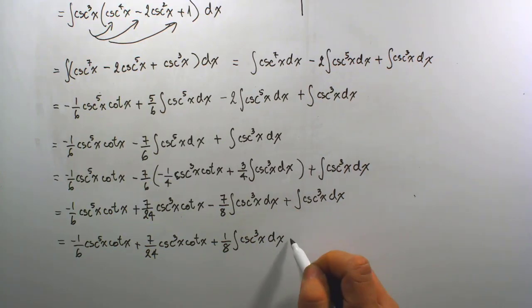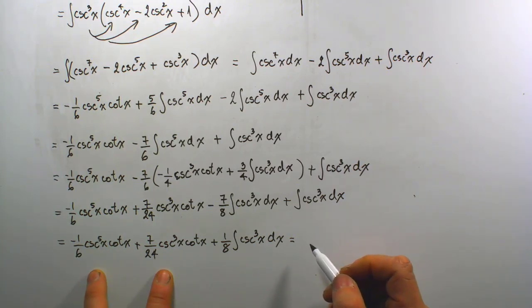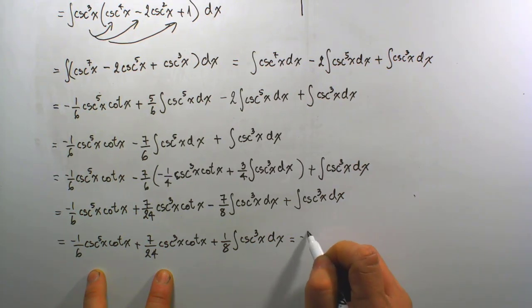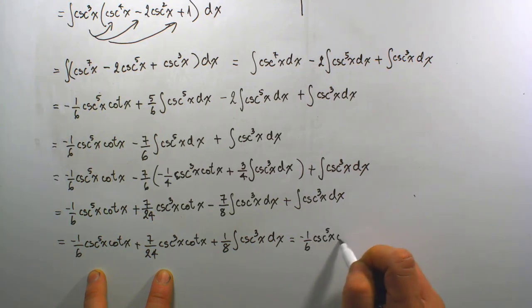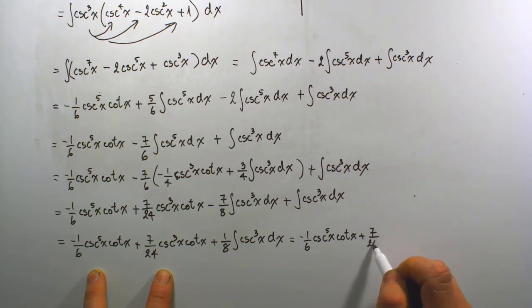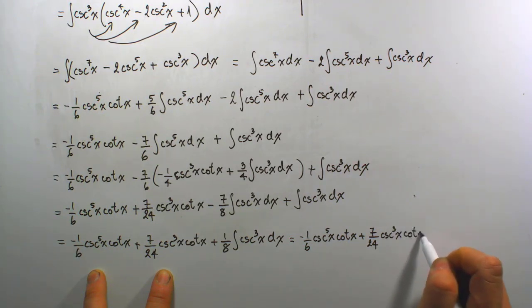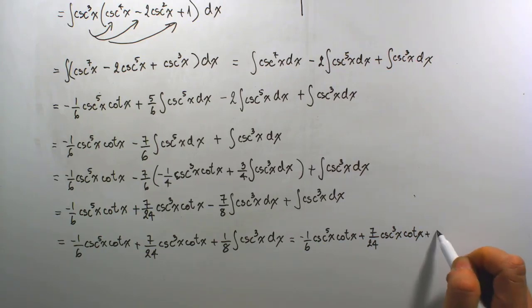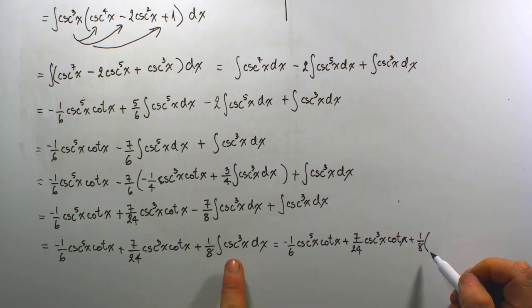So in that way, for my next step, I will have the first two terms here written down as is, minus 1/6 times cosecant to the 5th of x times cotangent of x plus a 7/24 cosecant cube of x times cotangent of x plus now a 1/8. And now I'm going to open parentheses, getting ready for the reduction formula to be applied on this particular integral.